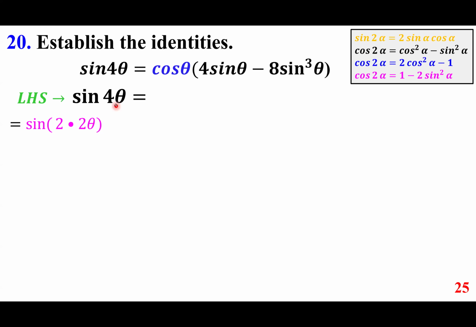So double angle. Think about this as x. Sine of 2x is 2 sine x cosine x. Imagine this is x, everybody. So it's 2 sine x cosine x, which is 2 sine 2 theta cosine 2 theta.